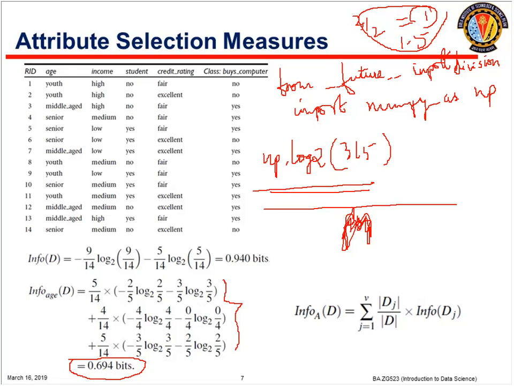If you are using entropy as the attribute selection criteria, it will look at all the 4 attributes, find the entropy if the split is done based upon that particular attribute, and select the attribute out of 4 which gives you the minimum entropy.